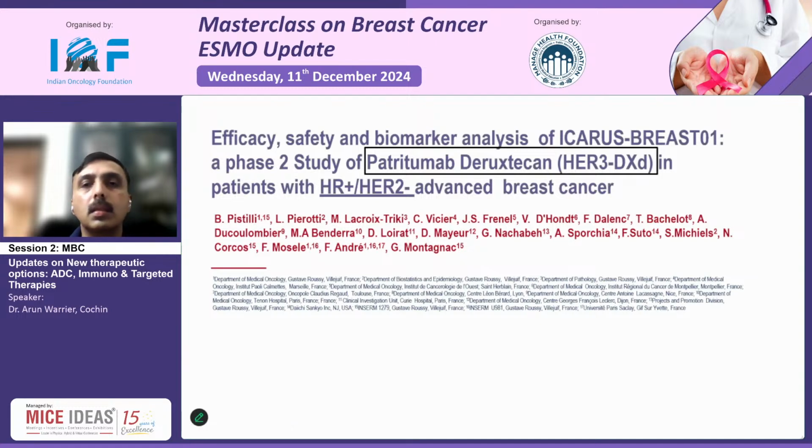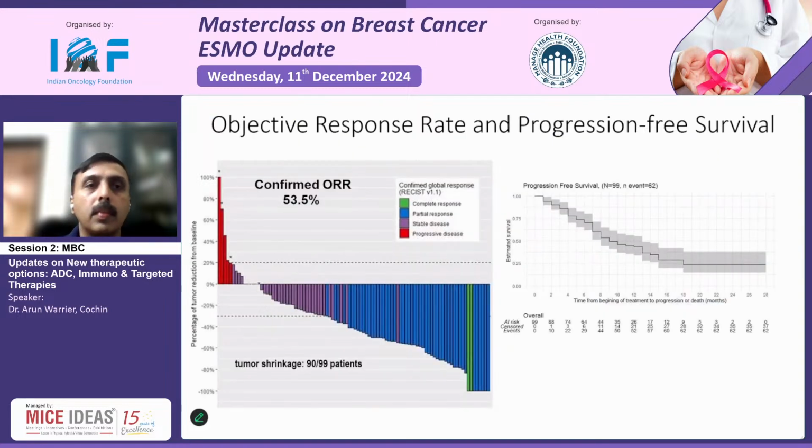First we will review patritumab deruxtecan, a HER3 DXd ADC, in patients with hormone receptor positive, HER2 negative advanced breast cancer. This is the ICARUS-Breast01 trial, a phase 2 trial from France.